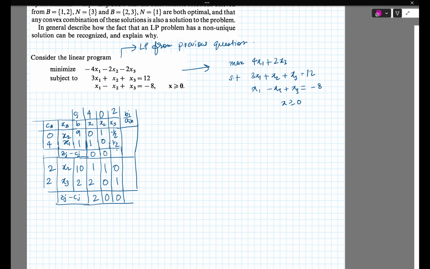This is what you get, right? It is for b equal to 1, 2, n equal to 3.